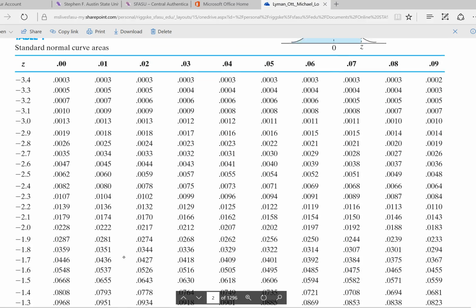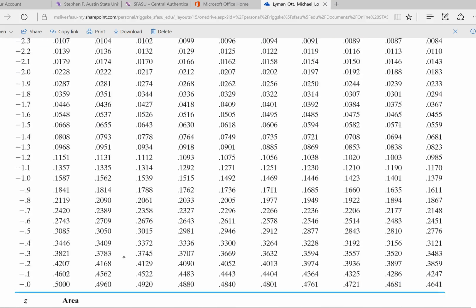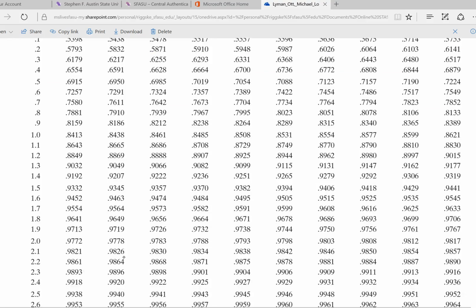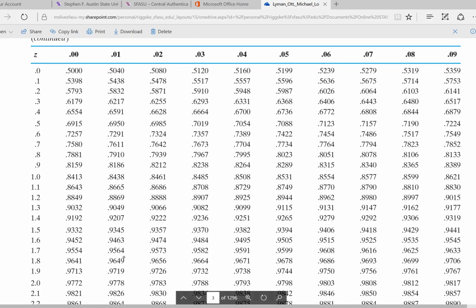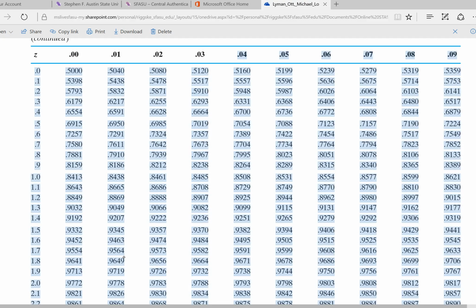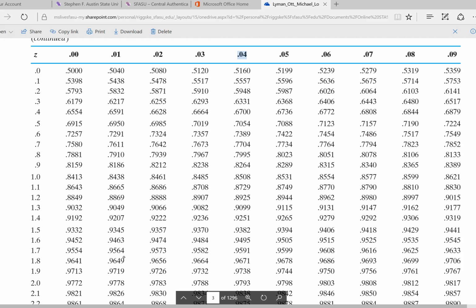Okay, so coming back here, if we go down to z equal to 1.64, here is z is 1.6 there, and then I scroll over to, in the top row of this table, 0.04. That's the 100th digit. The 10th digit is the 6th there. So 1.60 would have a left area of 0.9452, but 1.64 has a left area of 0.9495.